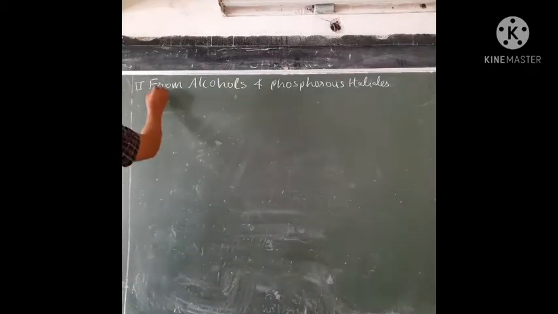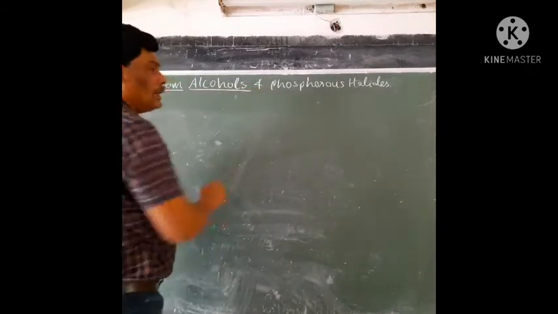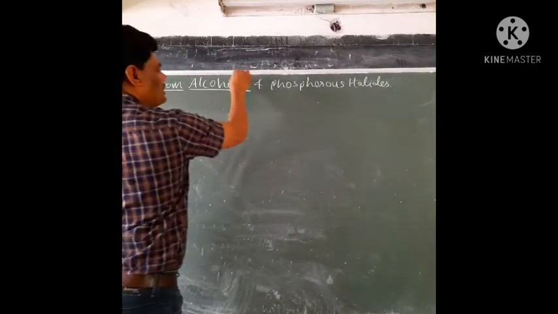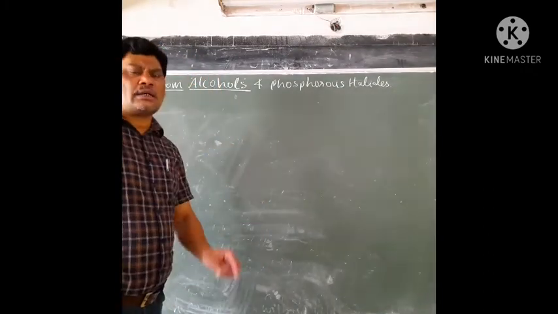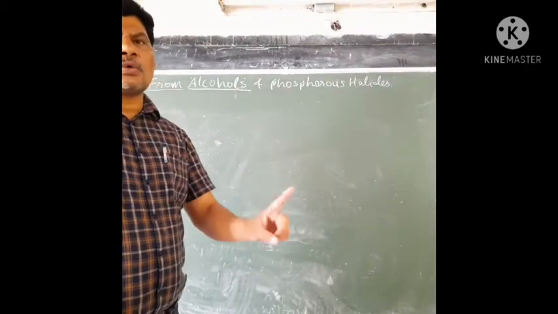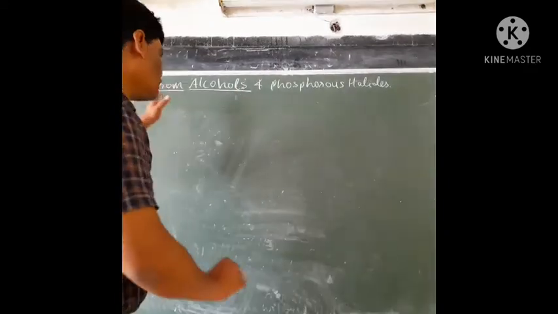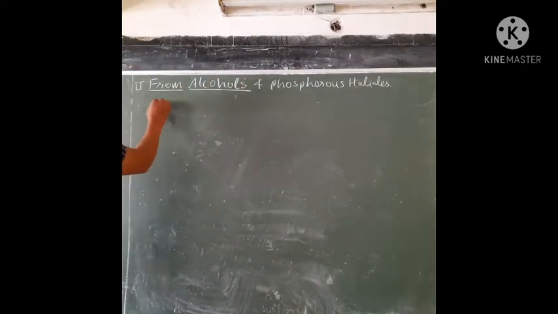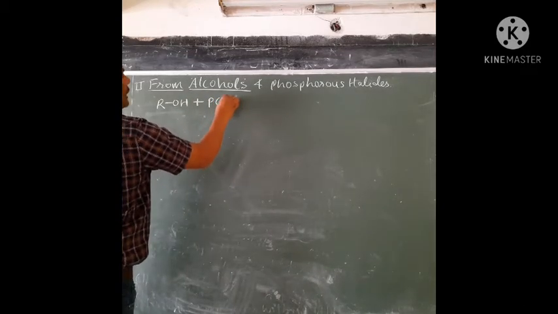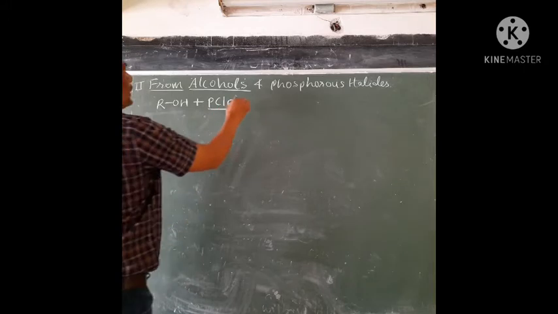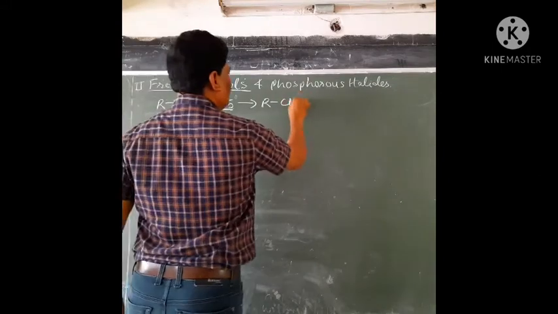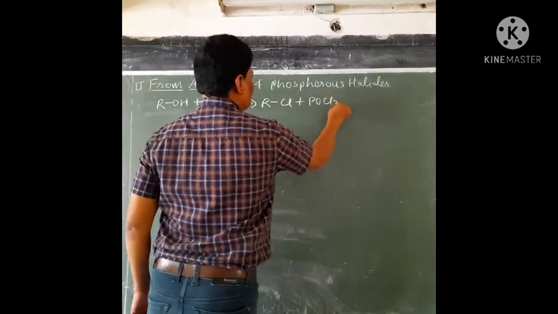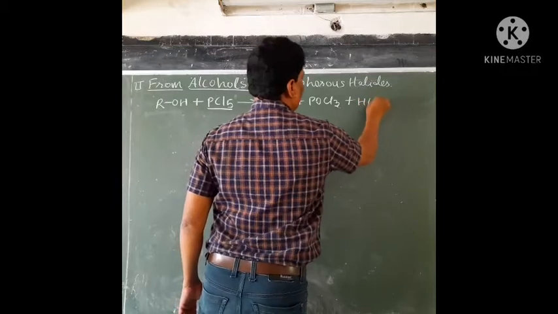Yes, student. Next one is preparation of haloalkanes using alcohols and phosphorus halides. Now, student, phosphorus halides are of two types: phosphorus pentachloride and phosphorus trichloride. So first I am writing the reaction. When alcohol ROH is treated with phosphorus pentachloride PCl5, it forms RCl plus POCl3 plus HCl.